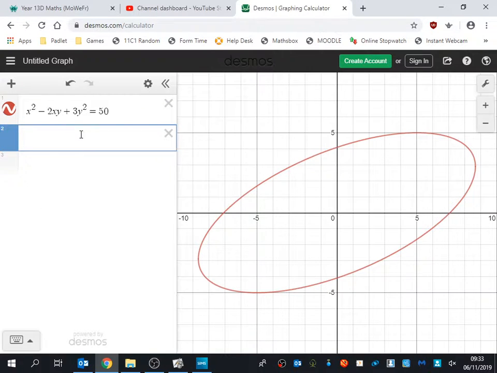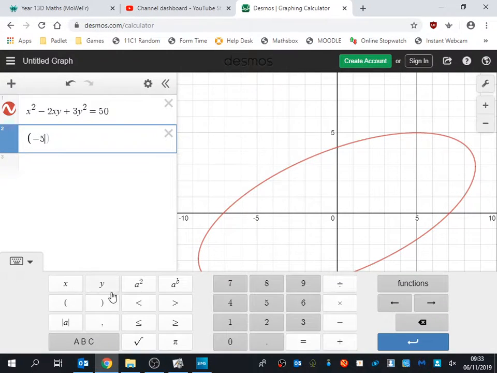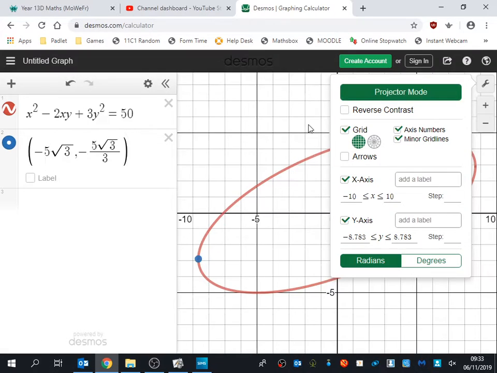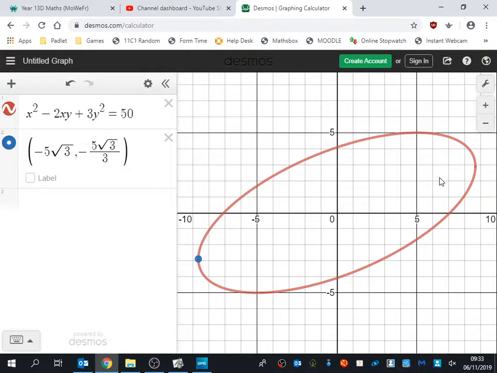And the coordinate we just said was minus 5 root 3, and then minus 5 root 3 over 3. Put that on projector mode so we can see it more clearly. And clearly we can see we've worked out this point that's here. Similarly, we could have worked out what this one over here was.